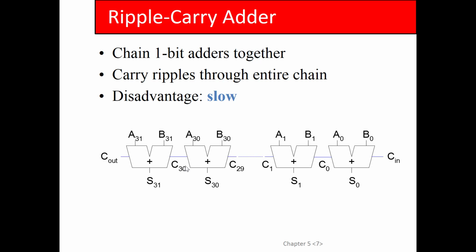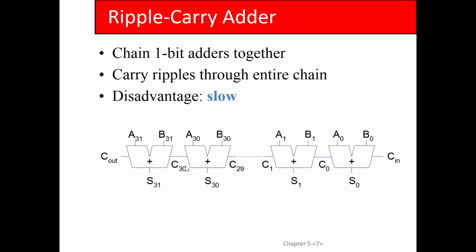Because in order to figure out this adder, in this case the most significant of the full adders in this array, it depends on the carry out of its previous one, which depends on the carry out of its previous one, going all the way back to the first carry in. So the delay is going to increase as you add bits, right? So it's too slow. It's an easy design, but it's just too slow.